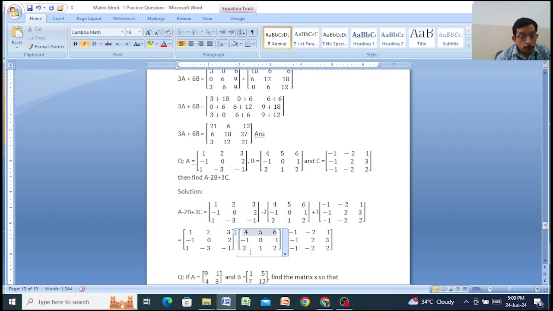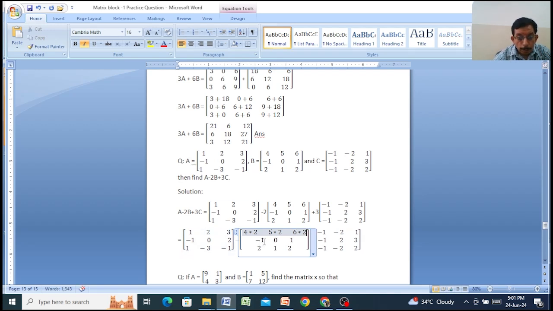Starting from the first row, 4 into 2, 5 into 2. Now the last element of the first row, 6 into 2.